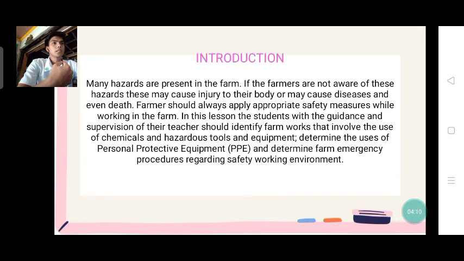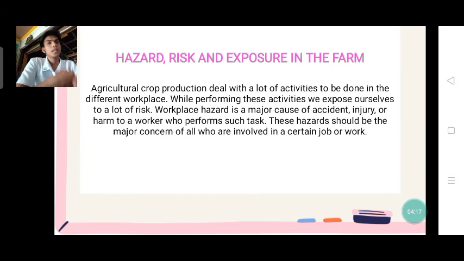Then next is hazard risk exposure in the farm.